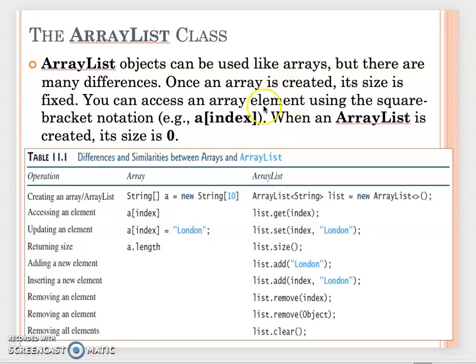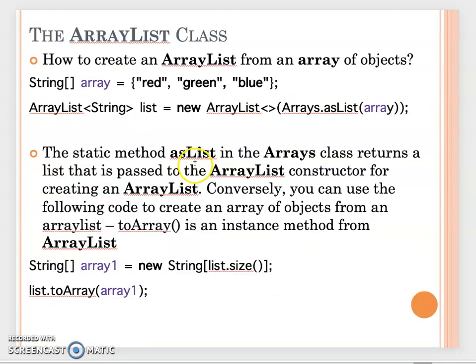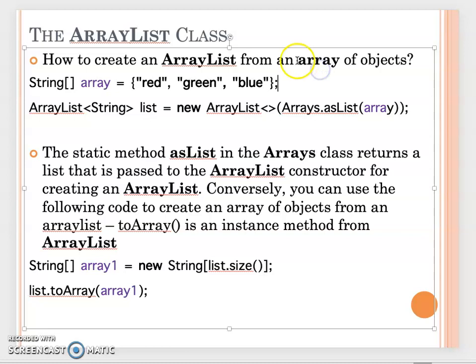After you understand the ArrayList, ArrayList has a few very important static methods for initialization. One thing is, when you have an array, you can create an ArrayList from an existing array. For example, I have a string array with red, green, and blue.